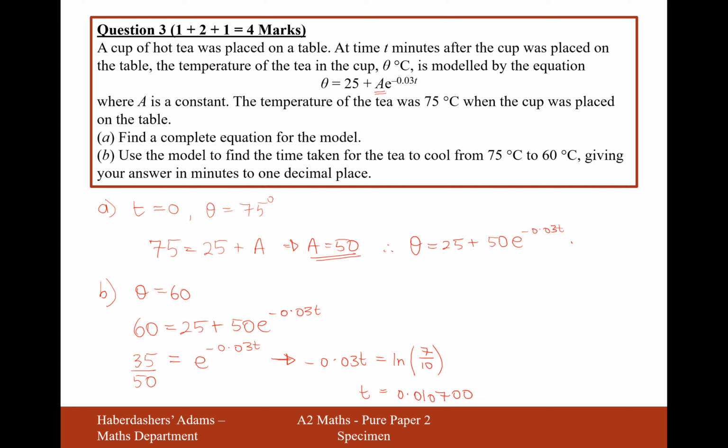Whoops, I've done that wrong. Divide by 0.03, so that gives us instead t equals 11.889168, and now we convert this into minutes and seconds.